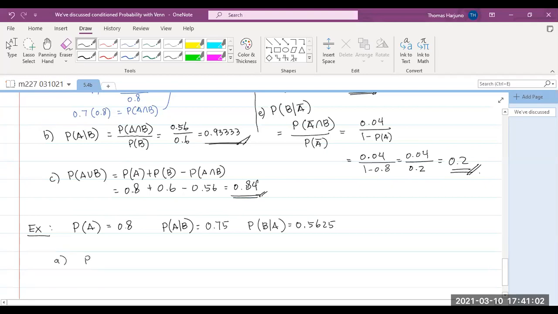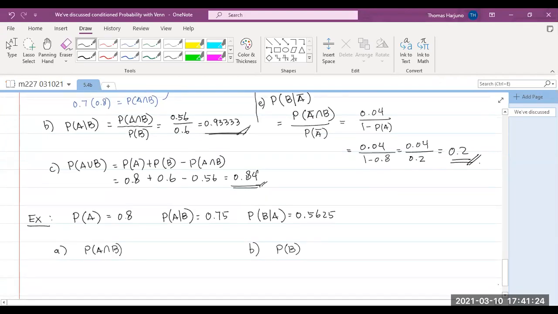I guess I only answered the question first. What is the probability of A? I'm sorry. What is the probability of A intersection B? And then once you get that one, find the probability of B. These two questions. Consider that as a puzzle.